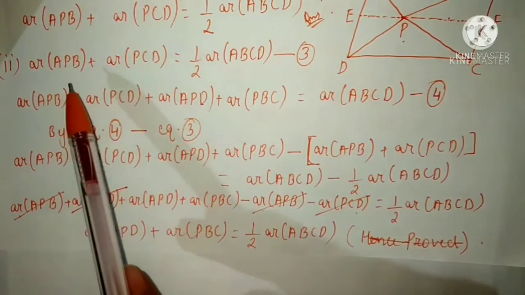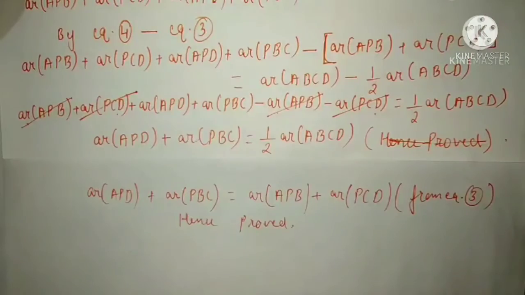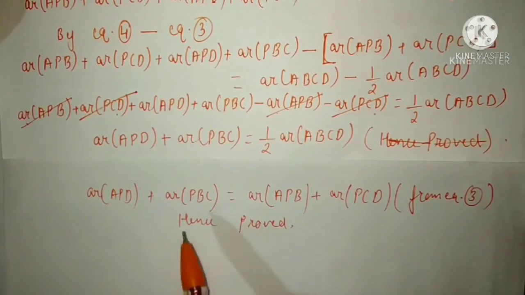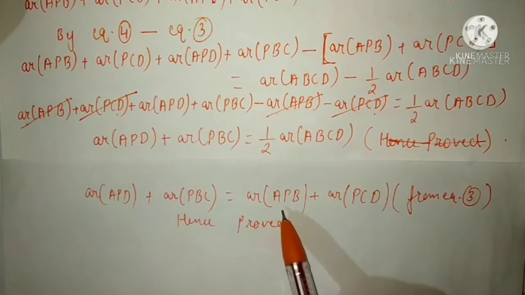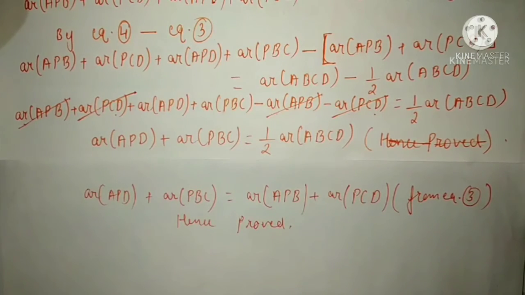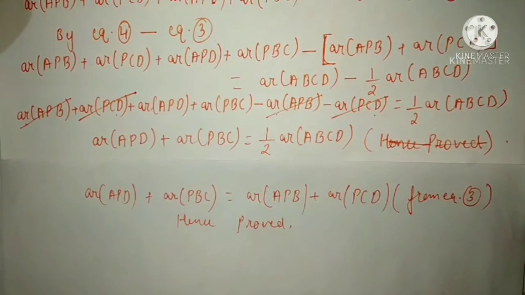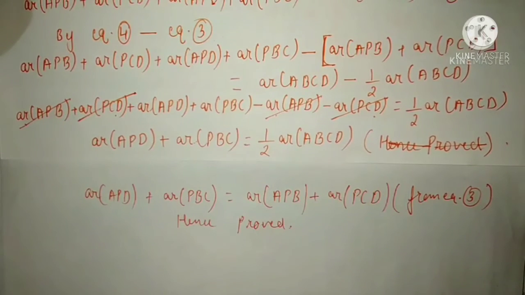So instead of half of area of ABCD, we will write these two parts. So this will be equal to area of APB plus area of PCD from equation number 3. So this is what we have to prove in the second part. So we can write hence proved.